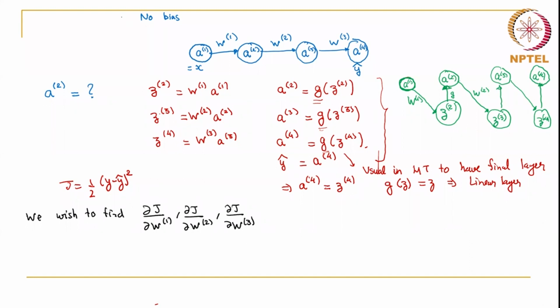Which one is easiest to find? Del J del W1? Is that the easiest to find? Del J del W3. Why? It doesn't require further derivatives. If it is W2, we have to do many derivatives. Correct, because we don't need any major chain rule at least. Del J del W3. That is correct.